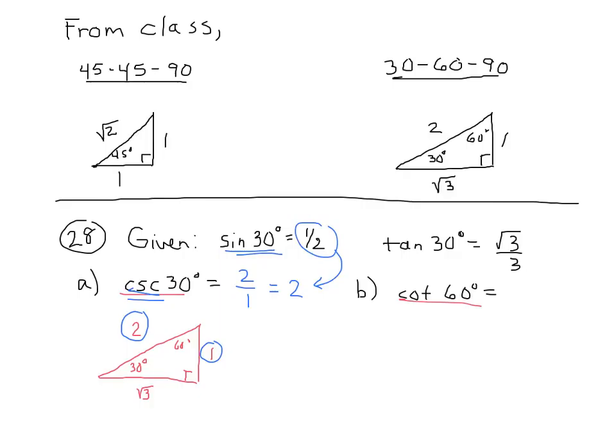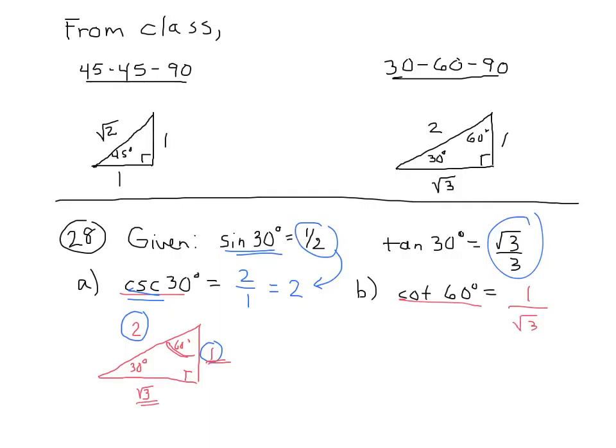We can think of identities, or we can think of opposite over hypotenuse. Similarly, cotangent of 60, unfortunately not cotangent of 30, or we could just flip this one over, okay? But we can say cotangent of 60 is a reciprocal of tangent of 60. So cotangent, if we go to the 60-degree angle, would be adjacent, which is 1, over opposite, which is square root of 3.